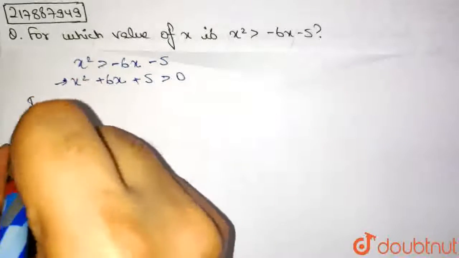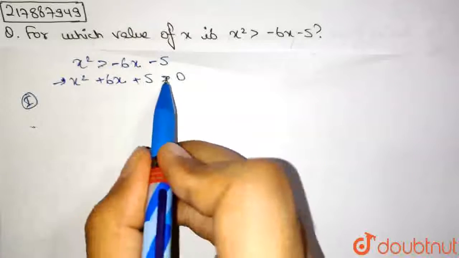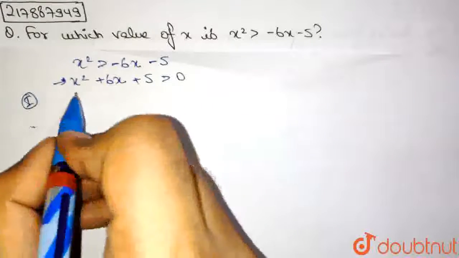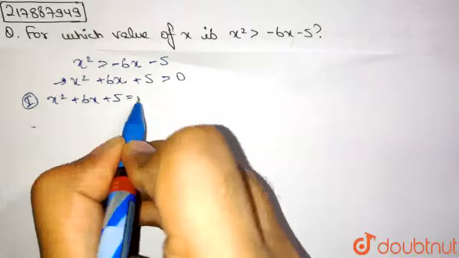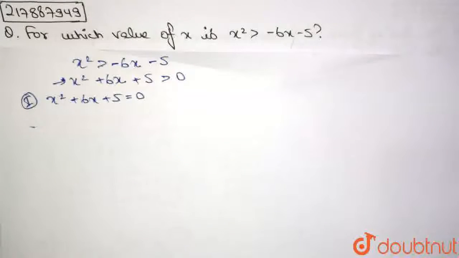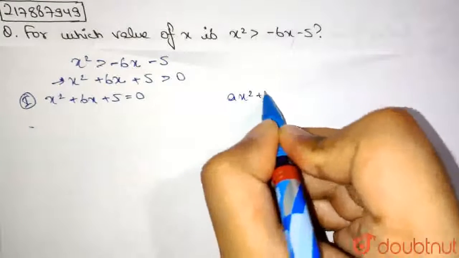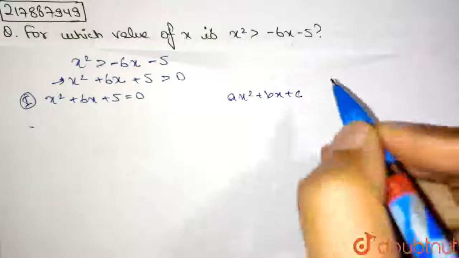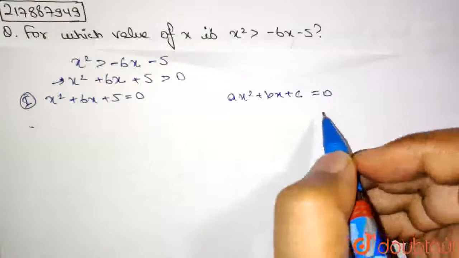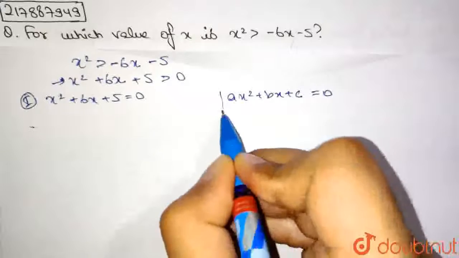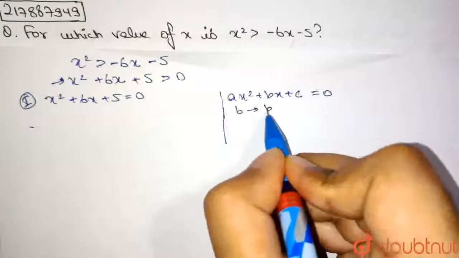Now, the first step, once we have obtained this kind of expression, is to change this greater than sign to equal to. So I'm going to get x square plus 6x plus 5 is equal to 0, right? Whenever we have a quadratic equation of the form ax square plus bx plus c equal to 0, we need to find its zeros. To do that, we simply break b into b1 and b2.